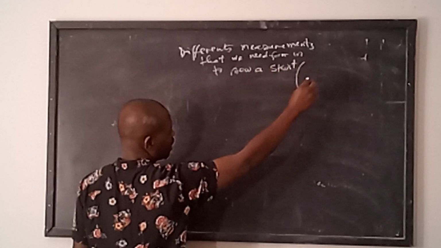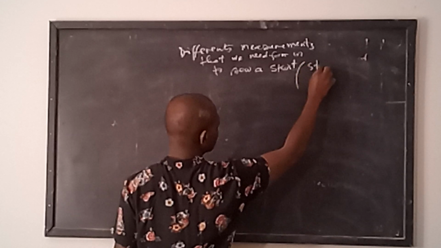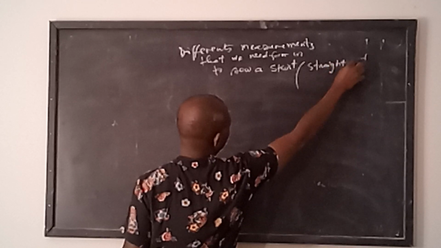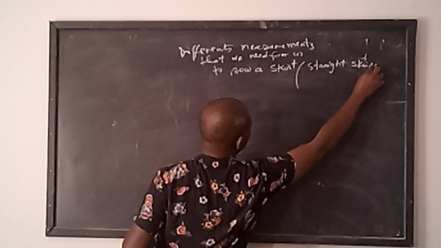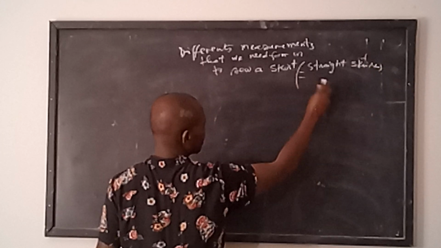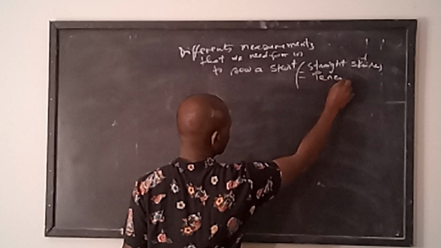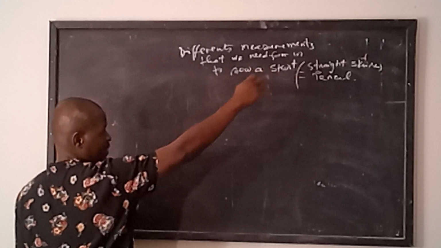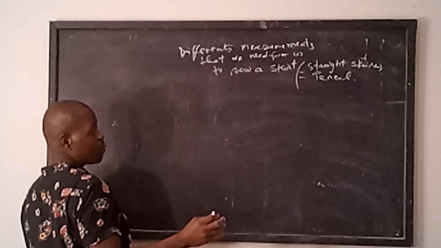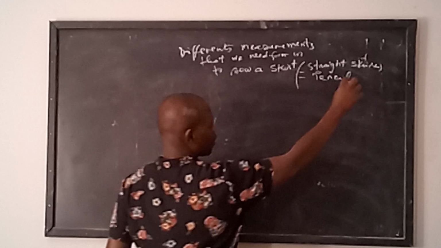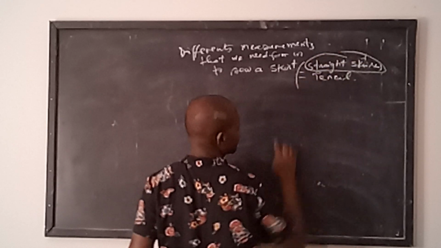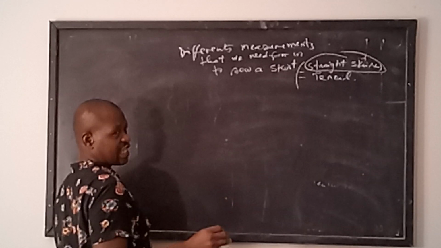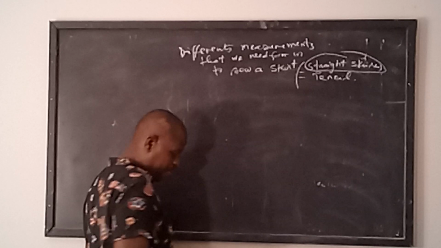It can be, as I said last time, a straight skirt, which is the basic of skirts, or it can be a pencil skirt, which comes from the straight skirt. Whatever skirt we want to make, we start from the basic, the straight skirt.